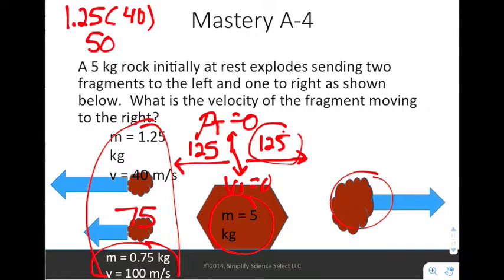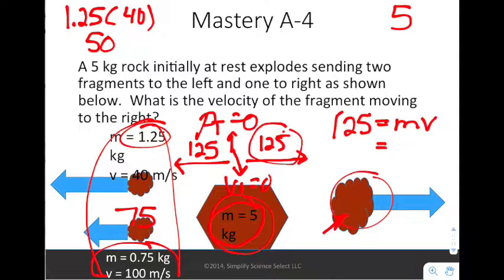So because of that, I know the momentum of this larger rock is going to be 125. And that's going to equal the mass times the velocity. And even though it doesn't say, you can figure out the mass of this particular chunk based on the fact that the original rock was 5, and then the first fragment is 1.25, and the second fragment is 0.75.